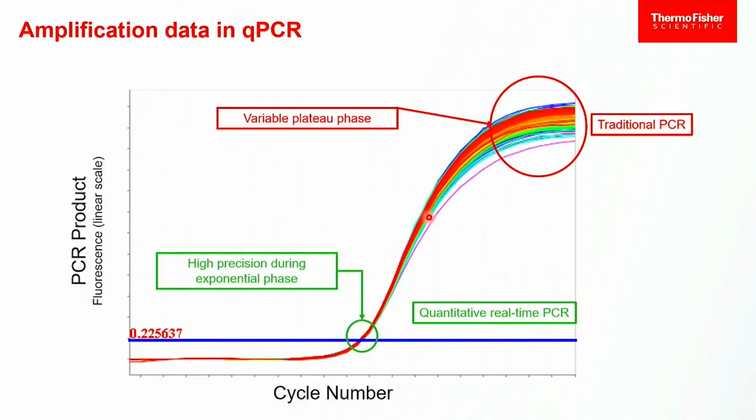But at some point, you're going to completely run out of something in your reaction. That's what we call plateau phase. You've completely exhausted what's in the reaction, and you can't make any more fluorescence because we've run out of something. So you can run it over and over, and it's just going to run flat.